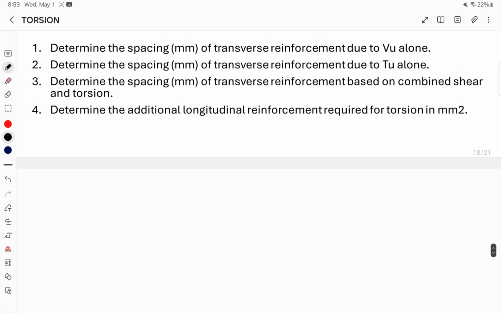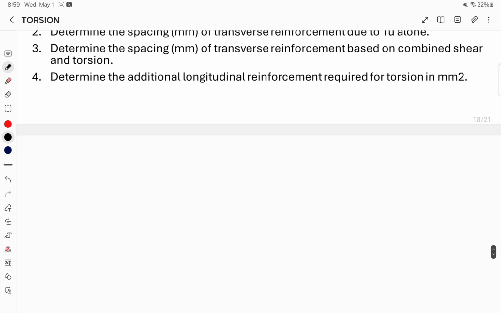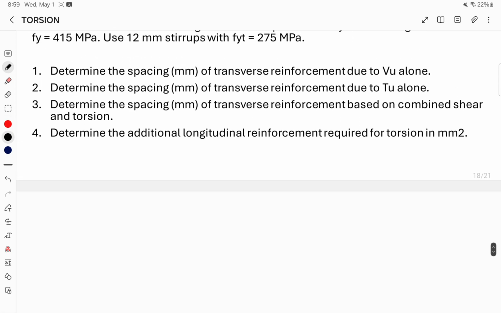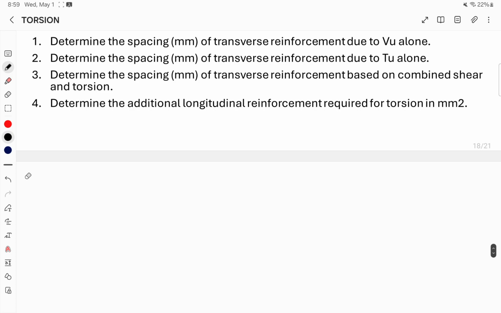Since this is for Vu alone, we will go back to shear in beams. Let us list the givens first. We have Mu equal to 300 kilonewton meter.